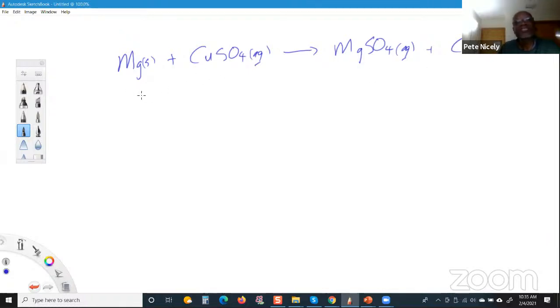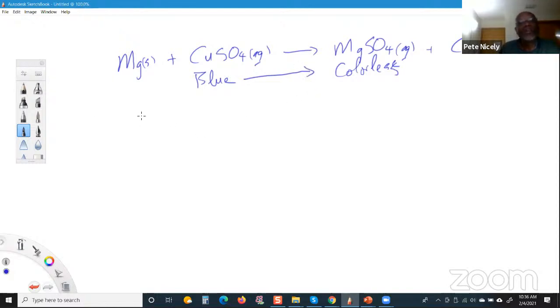So this is a reaction that is taking place. Now remember, the copper(II) sulfate is the blue solution. The magnesium sulfate is colorless. As you sit and watch this reaction taking place, you'll see that there's a conversion from blue to colorless in terms of the solution itself.